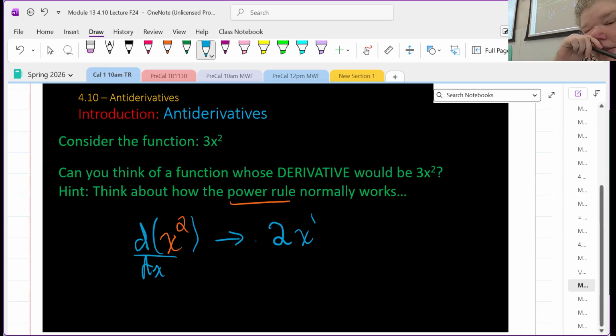So now we want to think about what happens if we do that backwards. Or if I think about, all right, if I ended up with 3x squared, what is the antiderivative of that? Yep, x cubed.